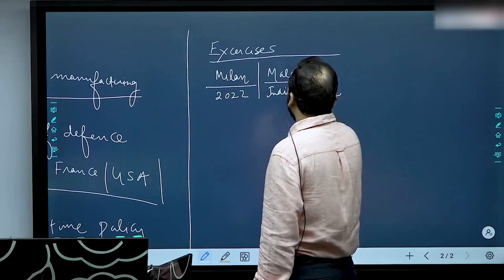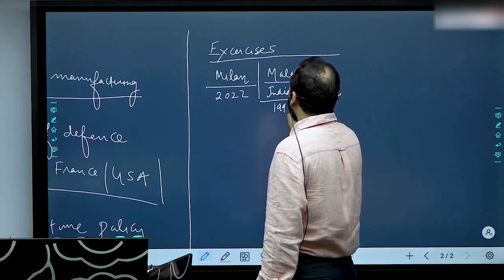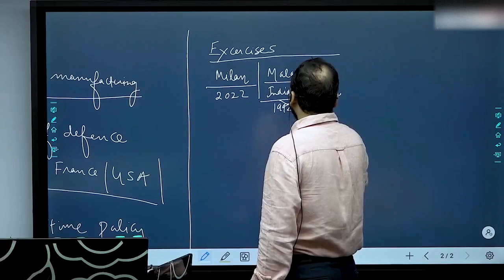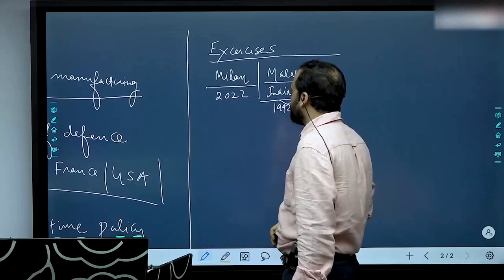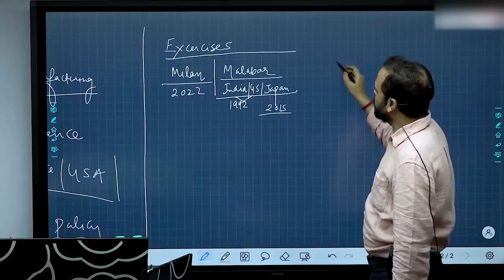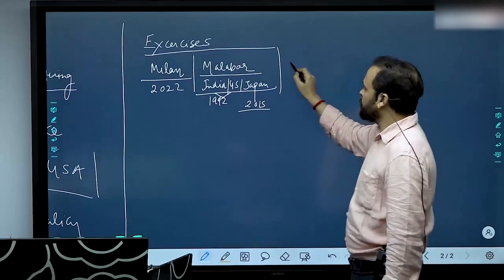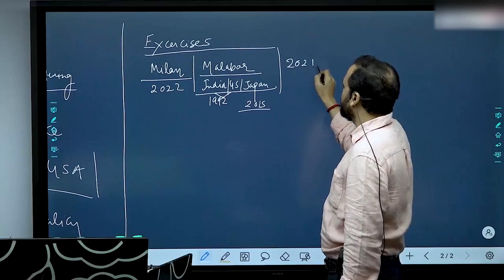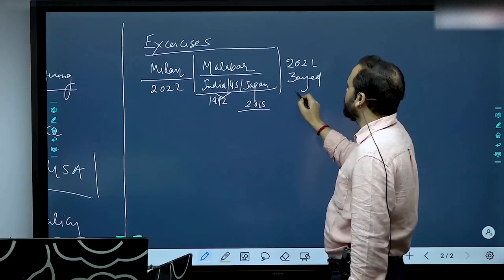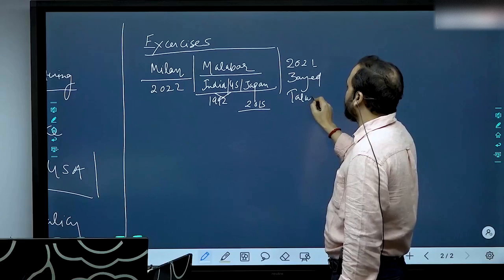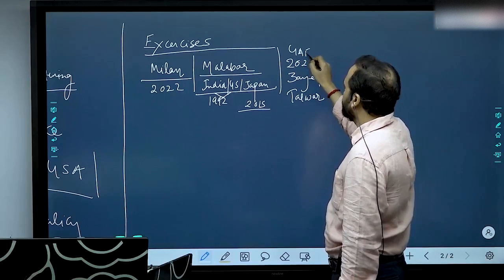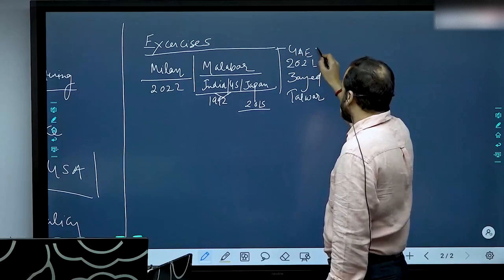Malabar earlier started in 1992 between India and US, and Japan became a permanent participant in 2015. And then in recent times, for example 2021, we started an exercise with UAE called Zayed Talwar.